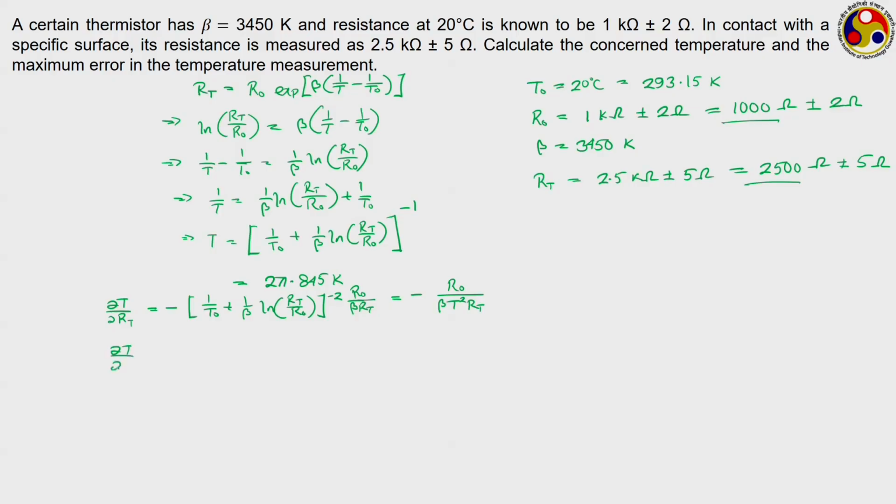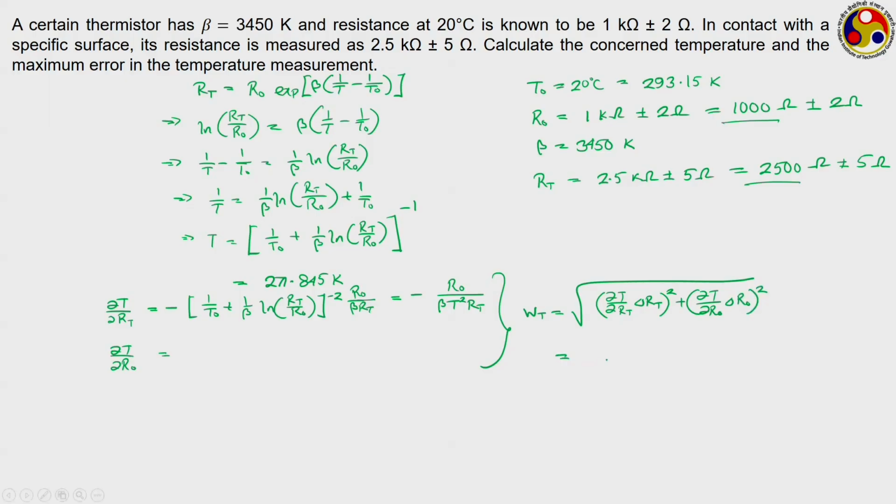Similarly, dou T dou R naught you can get by differentiating with respect to R naught. Once you get both calculations done, the total uncertainty involved will be equal to the root of dou T dou RT into the uncertainty involved in RT measurement, whole square, plus dou T dou R naught into the uncertainty involved in R naught measurement, whole square.